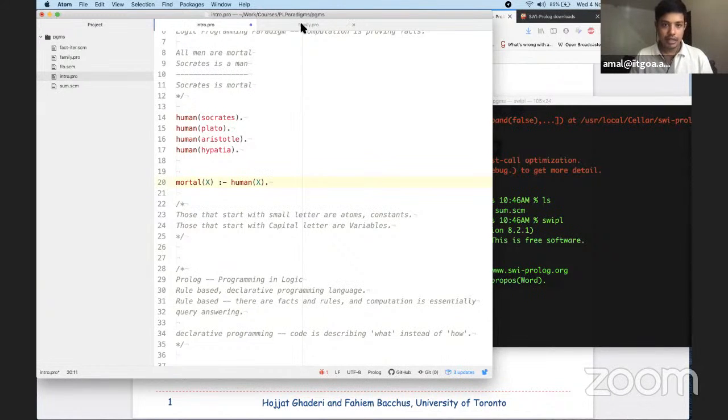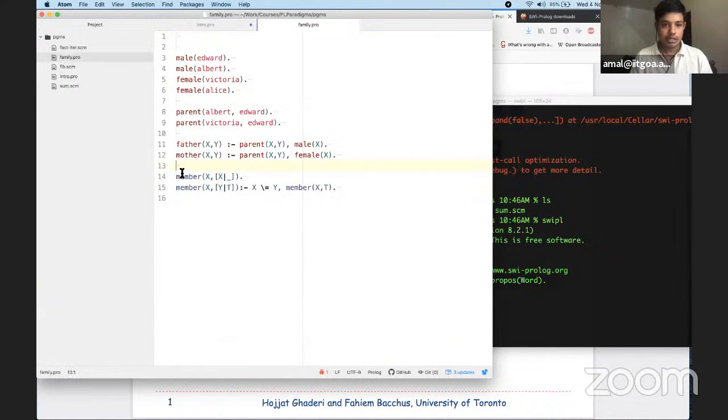Now let's take another example. Here I have some facts and some rules. It says that Edward is male, Albert is male, Victoria is female, Alice is female. And Albert is a parent of Edward, and Victoria is also a parent of Edward.